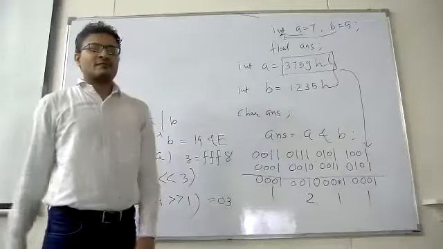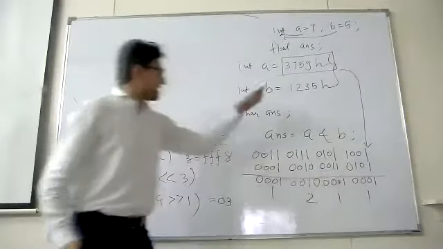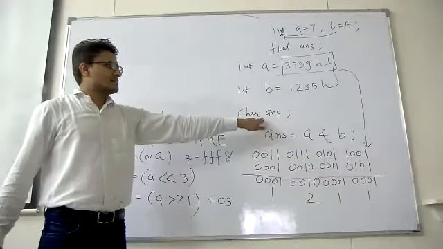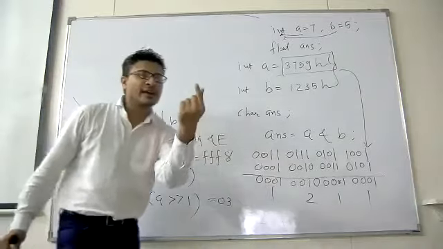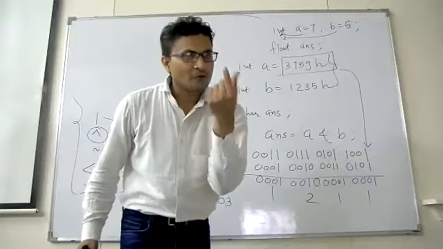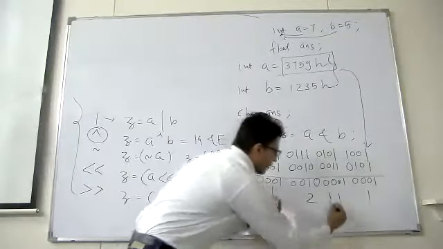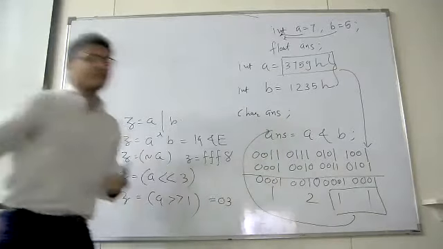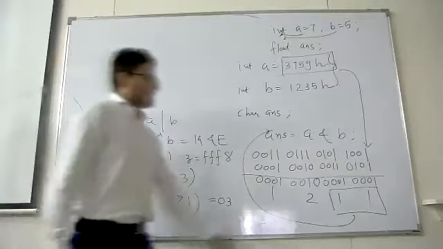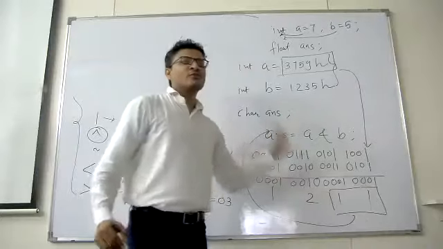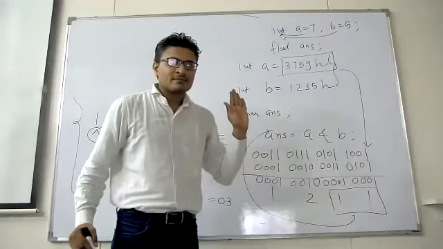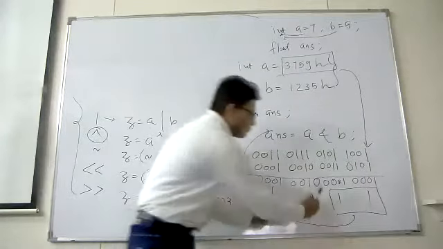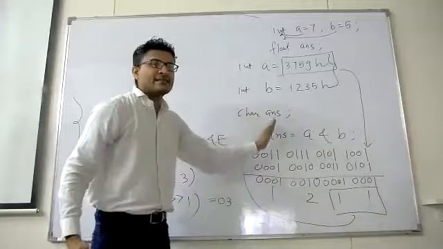But what about my destination? My destination is only 1 byte, so it will store only 11 into answer. It will convert that 2 byte integer into a 1 byte character, so it will truncate the 12.